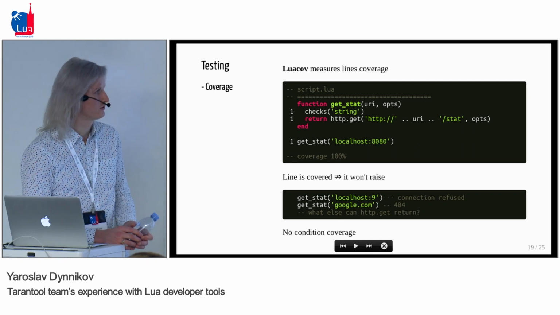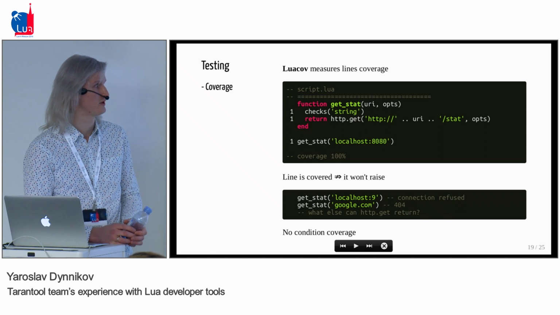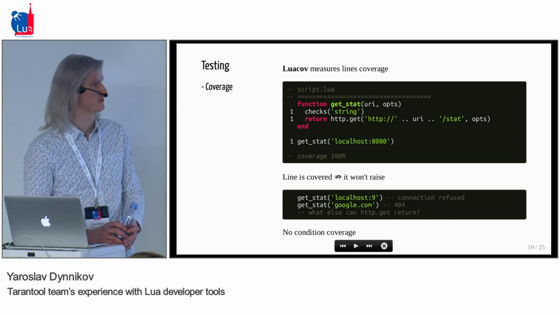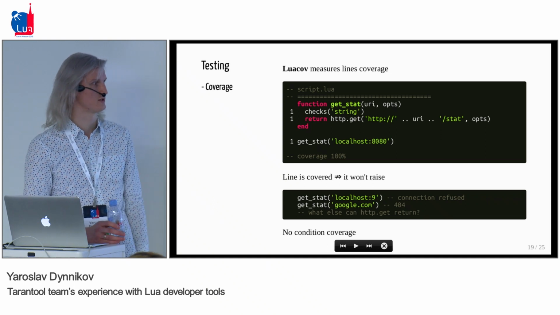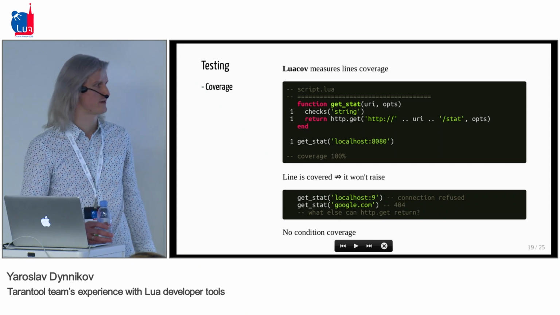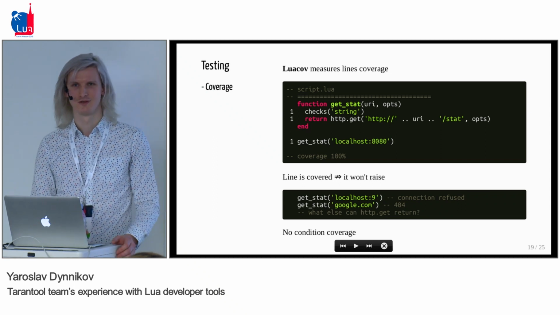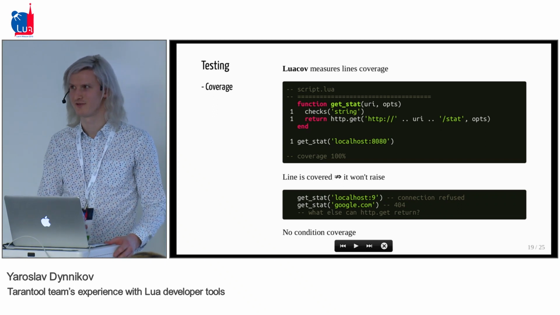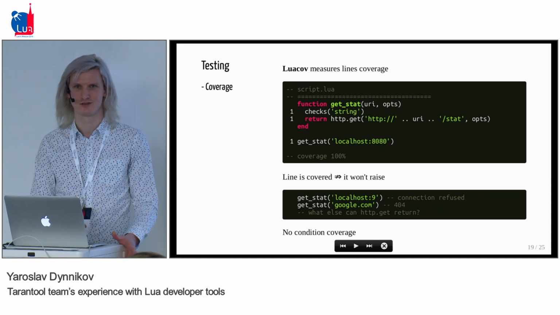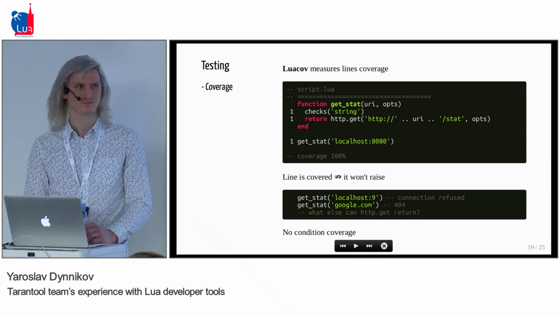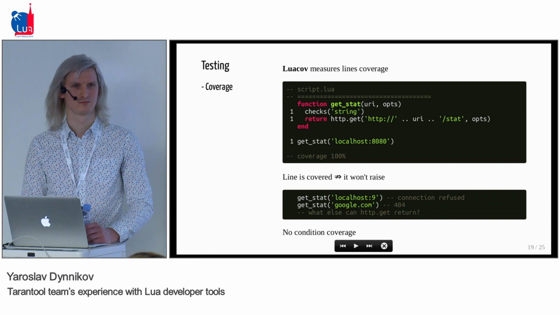For example, you can notice that there is no error checking at all inside the getStat function, and it just returns the result of HTTP GET as is. That's strange too, but in this specific case, coverage can't help. Okay, thank you. Okay, next question, please.